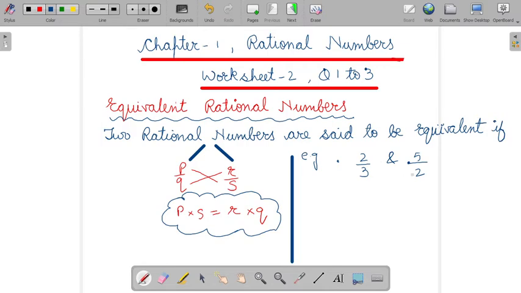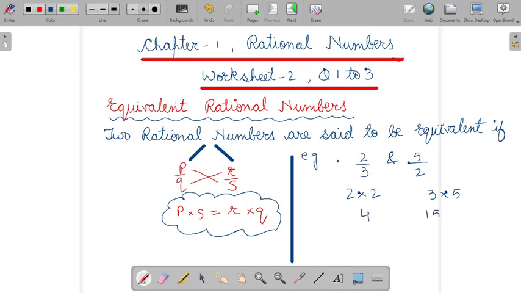We will cross multiply. If after the cross multiplication both of them come out equal, then they are equivalent. Let's see it. Cross multiply: 2 multiply 2 is 4, and 3 multiply 5 is 15.